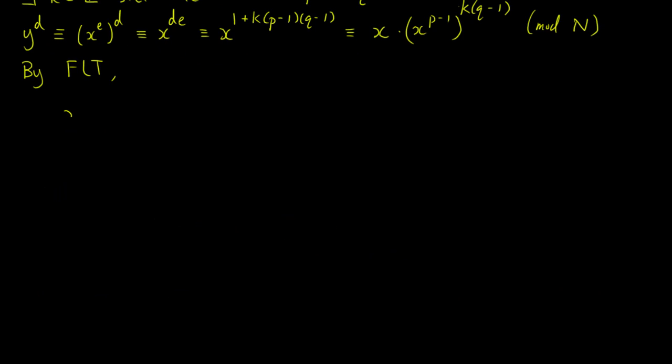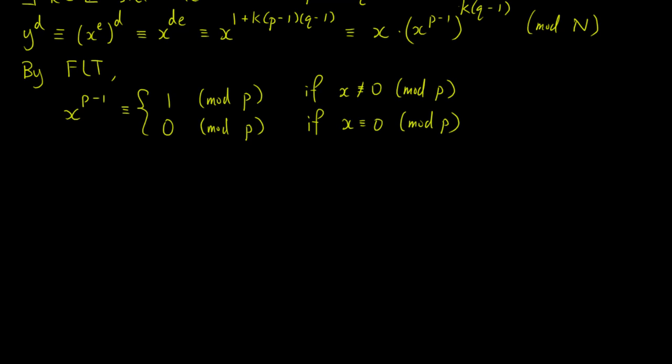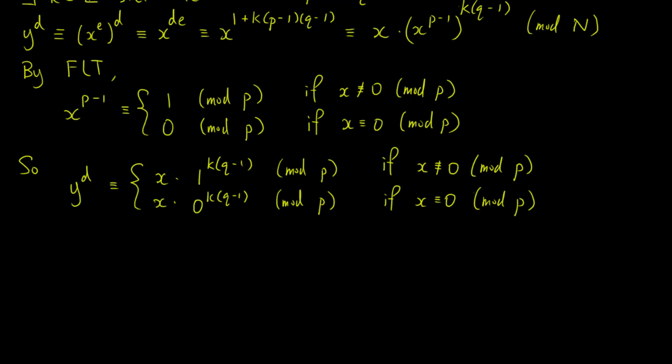Using Fermat's little theorem, we know that y to the p minus 1 is congruent to 1 mod p if y is not congruent to 0 mod p, and is congruent to 0 mod p if y is congruent to 0 mod p. So x to the d is congruent to y times 1 to the k times (q-1) mod p if y is not congruent to 0 mod p, or to y times 0 to the k times (q-1) mod p if y is congruent to 0 mod p.